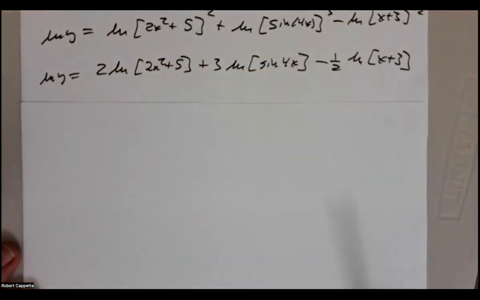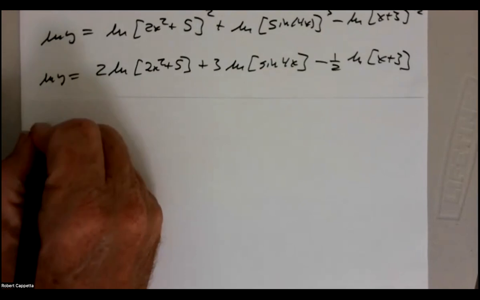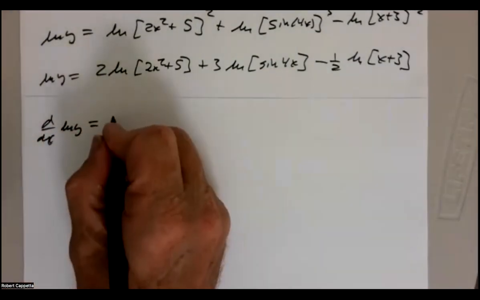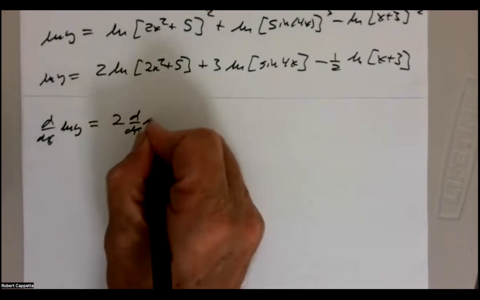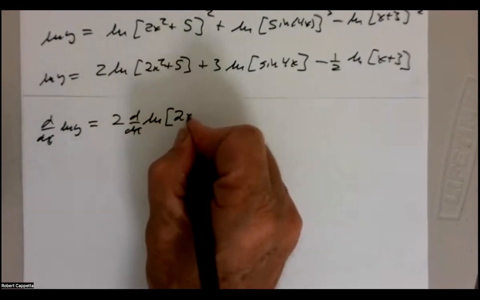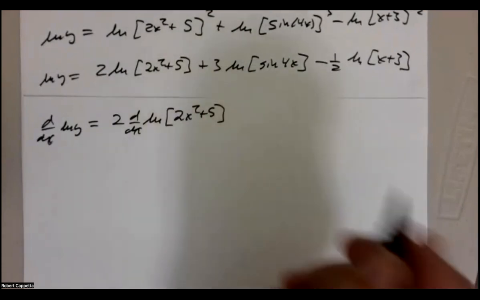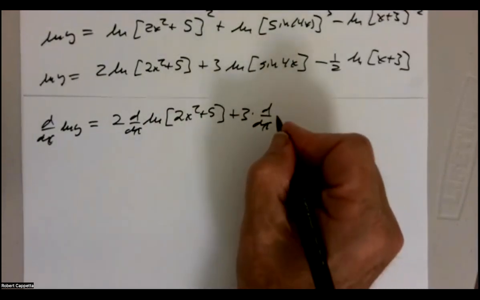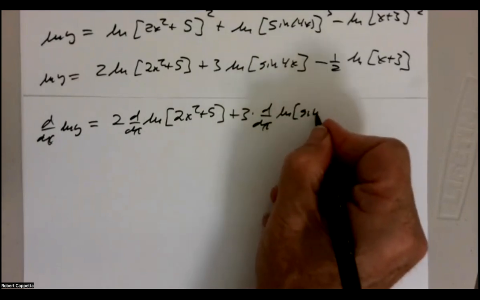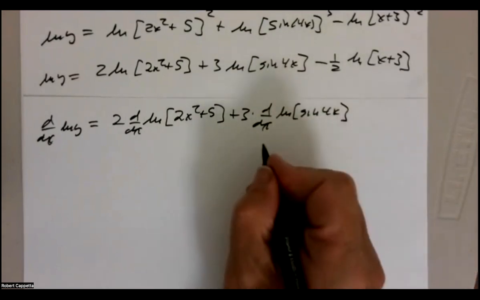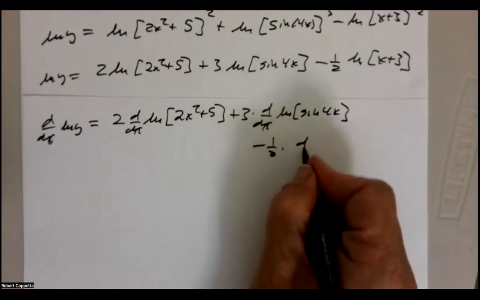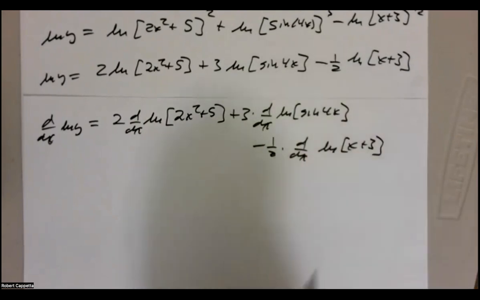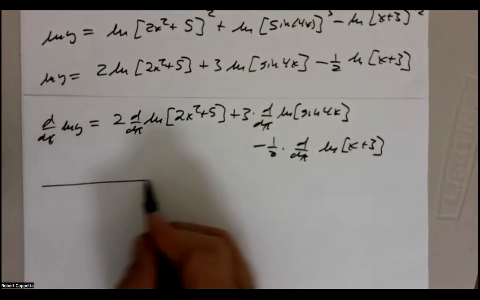We'll take the derivative with respect to x of log y equals twice the derivative with respect to x of log of 2x squared plus 5, plus 3 times the derivative with respect to x of the log of sine of 4x, minus 1/2 times the derivative with respect to x of the log of x plus 3.